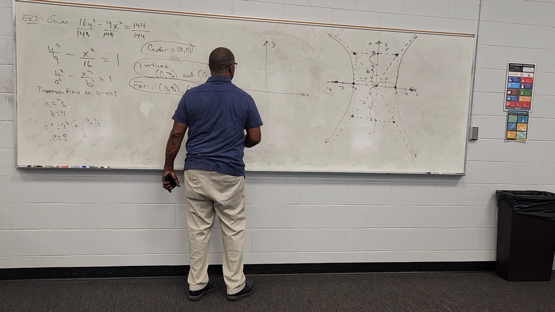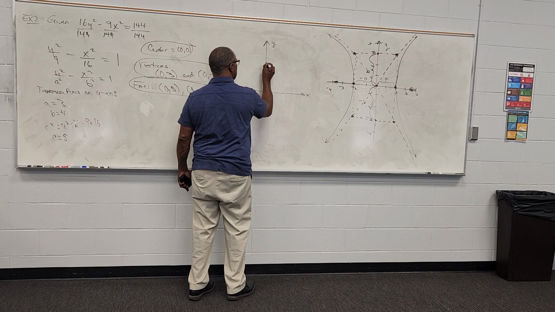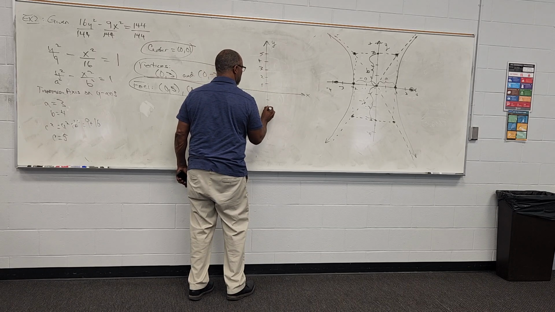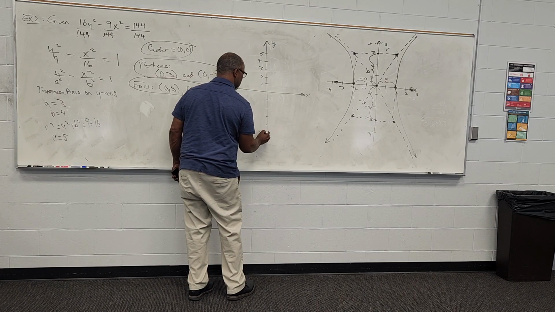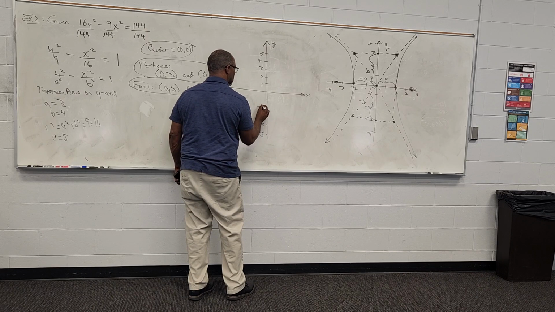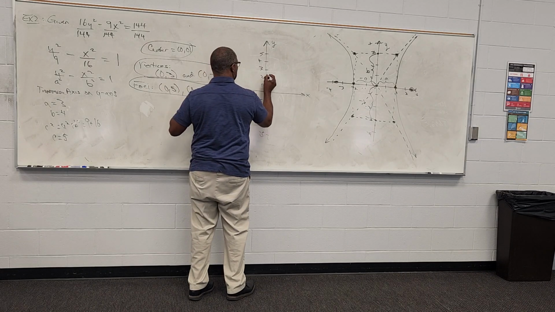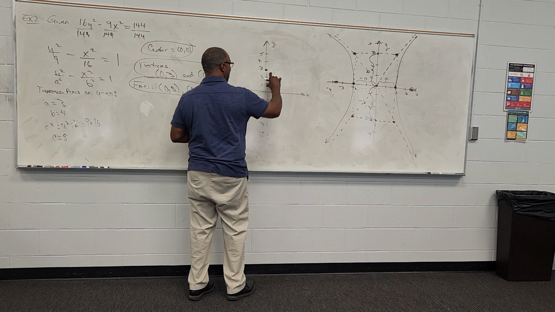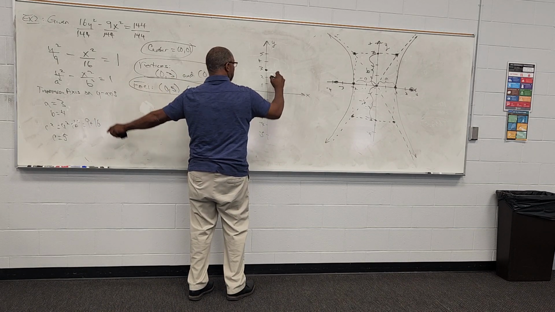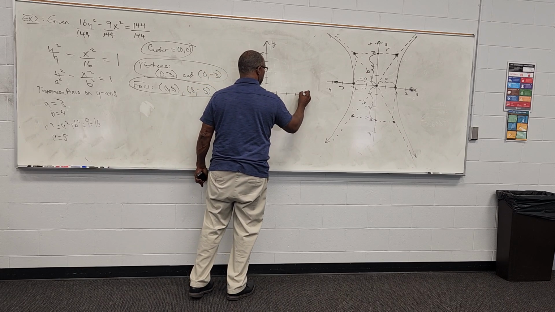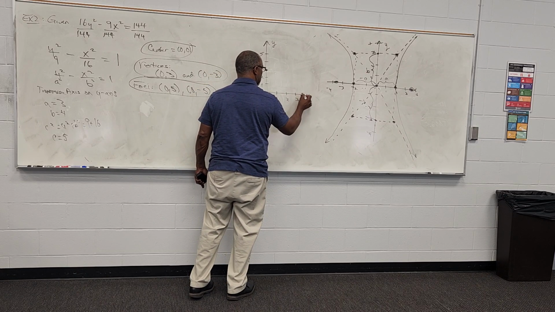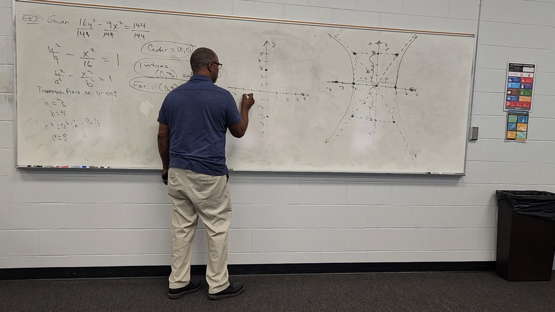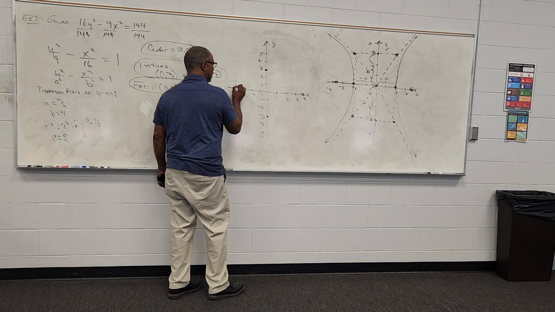X and Y. So 1, 2, 3, 4, 5. 1, 2, 3, 4, 5. I have vertices at 0, 3 and 0, negative 3. And again, a was 3, b is 4. So b is 4: 1, 2, 3, 4. That is b, and this is negative b.